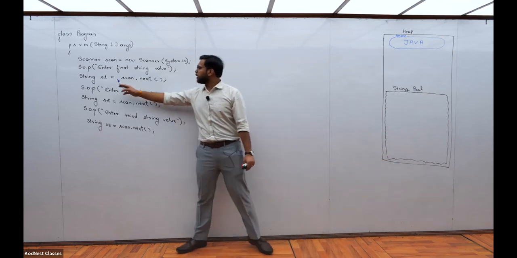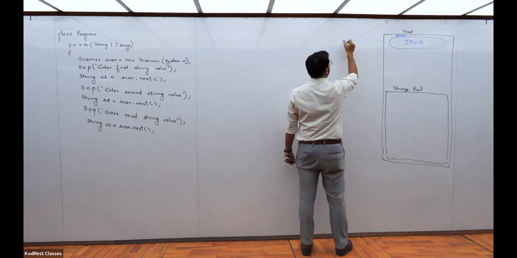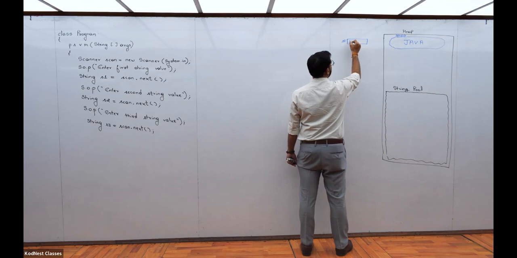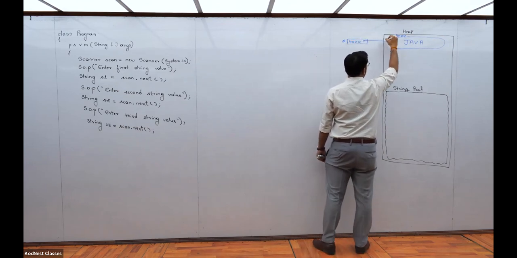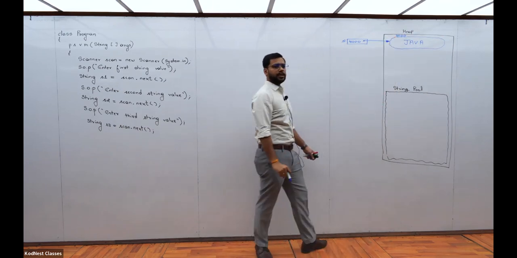Where are we storing the address? In s1. So here one variable s1 will be created. Inside this s1, 4000 will come and sit, and this is pointing towards the first string object Java.